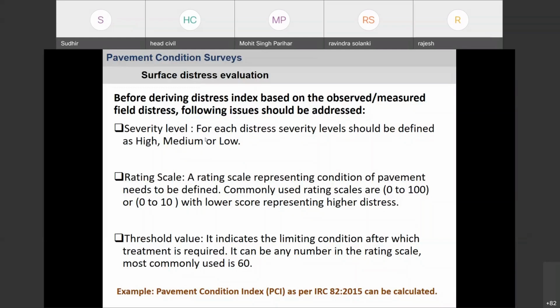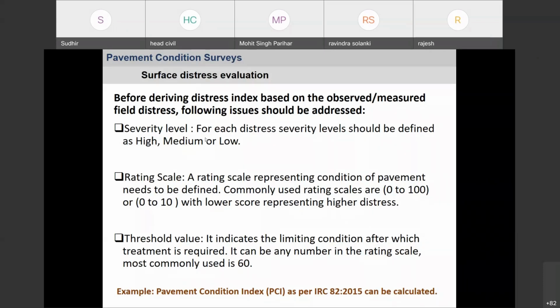Then, to form the data into a usable quantity, you would like to derive a rating scale. As you are defining the scale, you can have a scale of any range, but commonly in practice we consider this rating scale as 0 to 100 or 0 to 10.